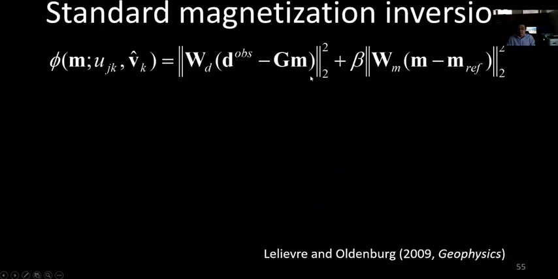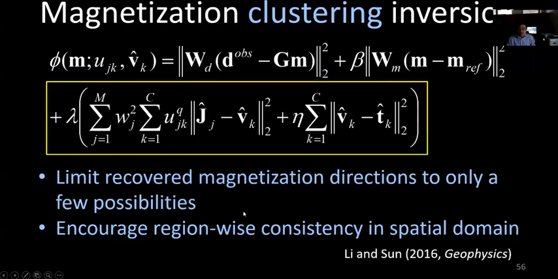So here is the standard magnetization inversion objective function I showed you earlier. To improve the estimation of directions, we added two more terms here. These two terms should be familiar to you now because you have seen similar terms at least twice from previous slides.